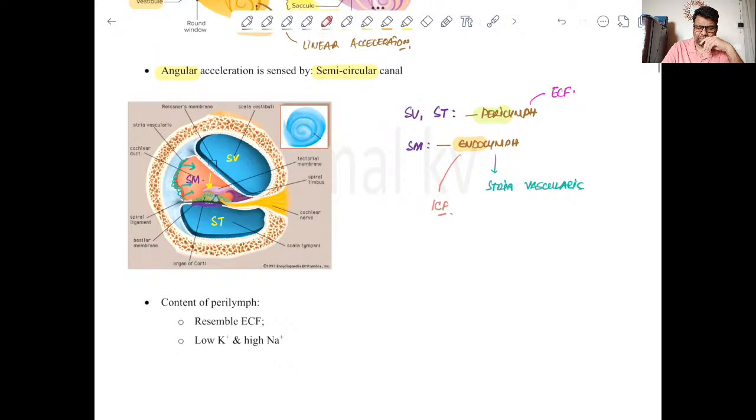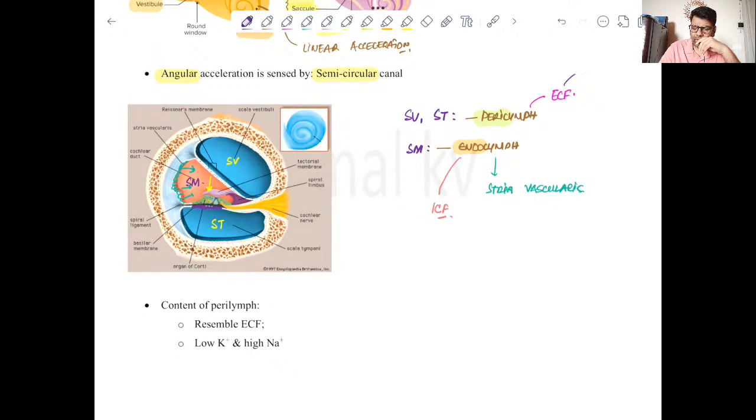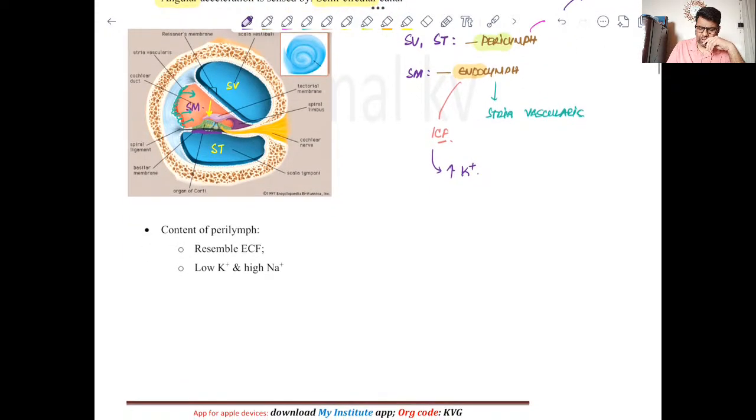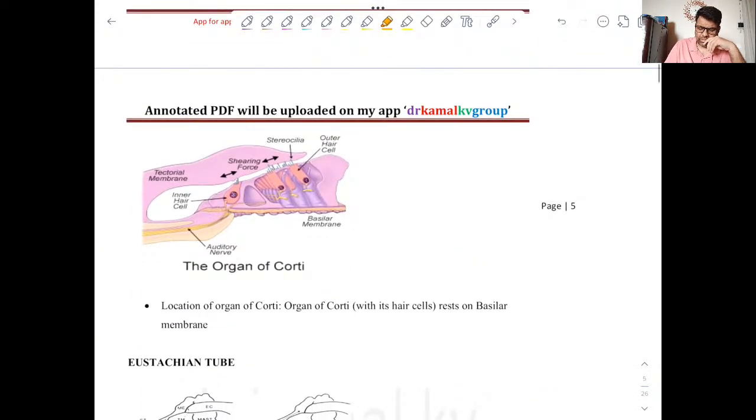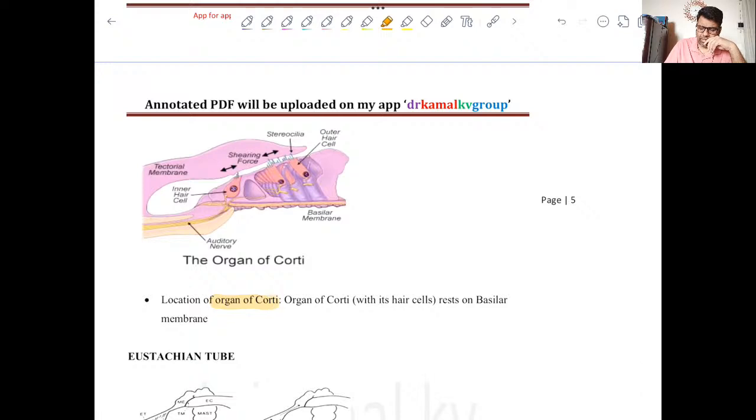Now when we say ECF or extracellular fluid, it is rich in sodium, and ICF, intracellular fluid, is rich in potassium. Clear? So just remember like that. So perilymph is similar to extracellular fluid, so rich in sodium. Then this is the organ of Corti, which is the organ of hearing, and it is resting on a basilar membrane.